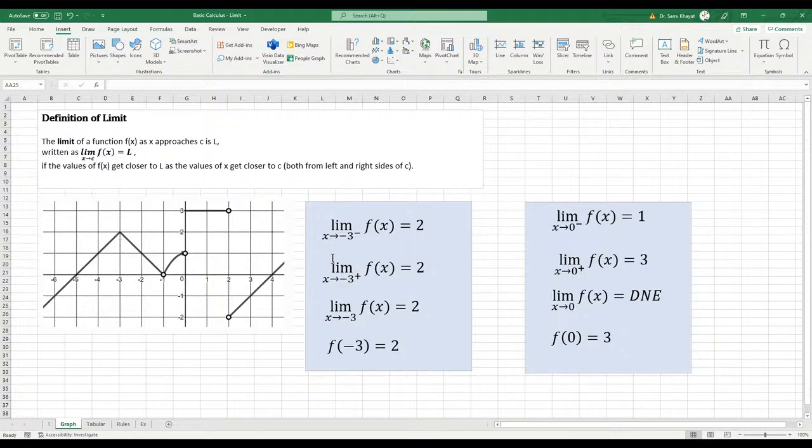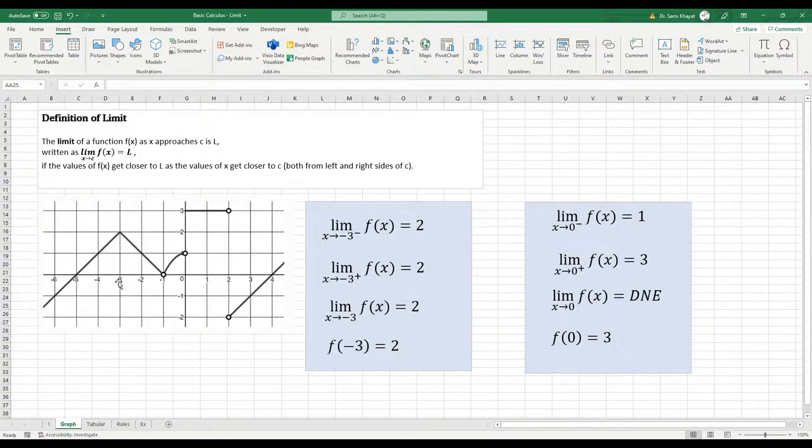And the symbol for limits will be LIM, x approaching any number, and we will see if that has the same value on the right and the left.